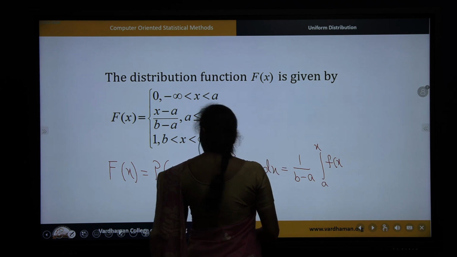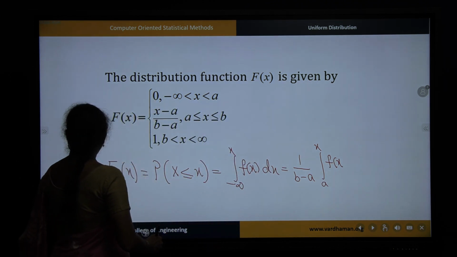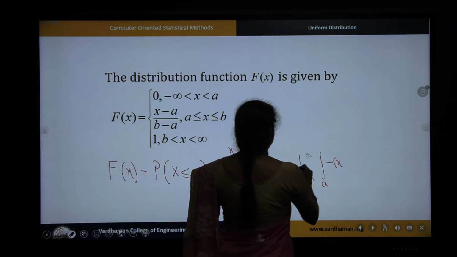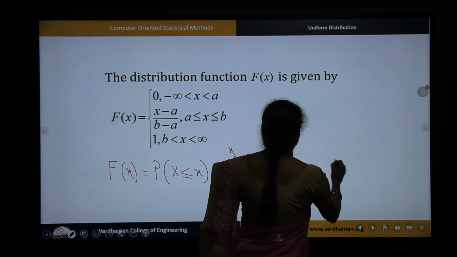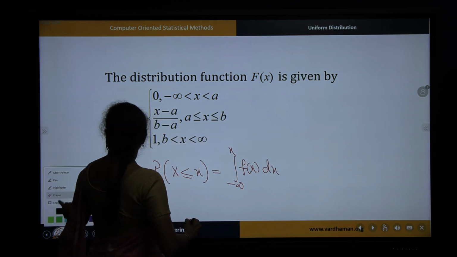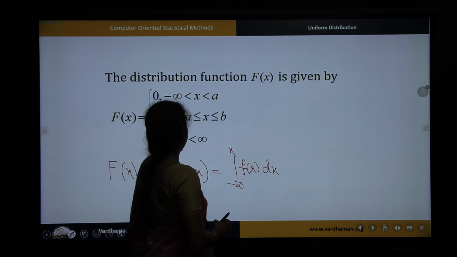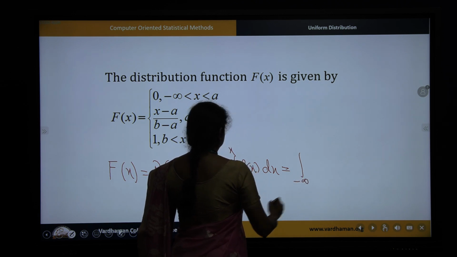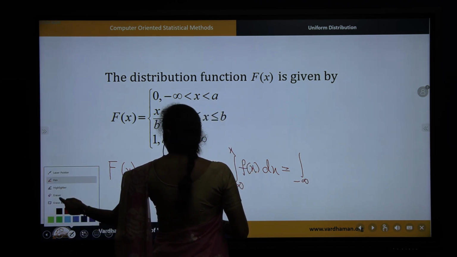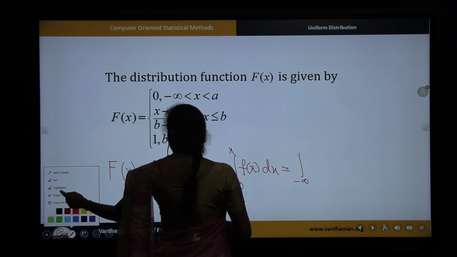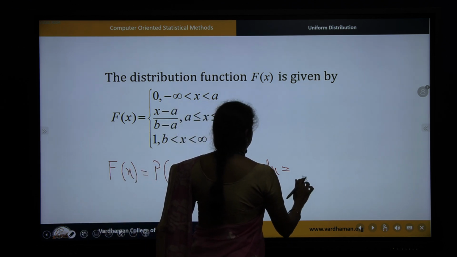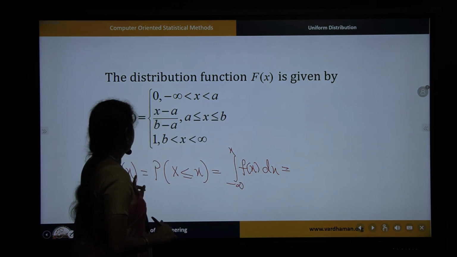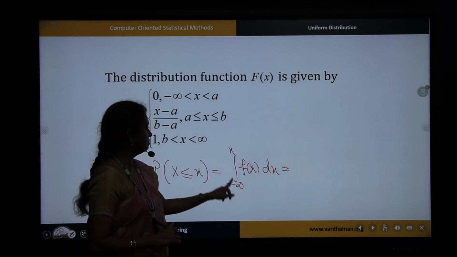And what is f of x here? Here we have f of x as 1 by b minus a, as we have seen. So F of x is given by the integral of f of x between minus infinity to x.